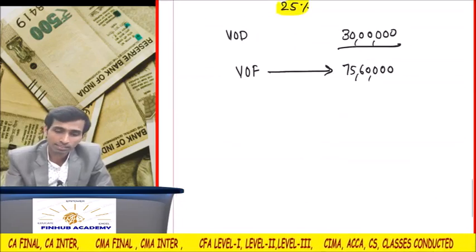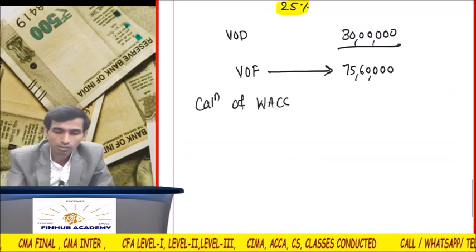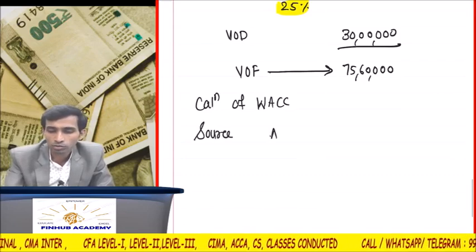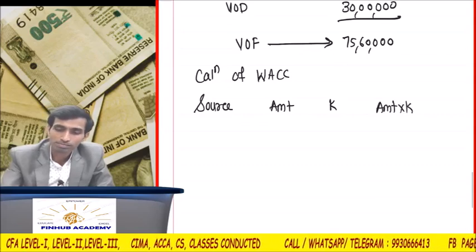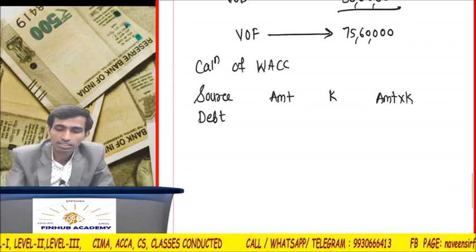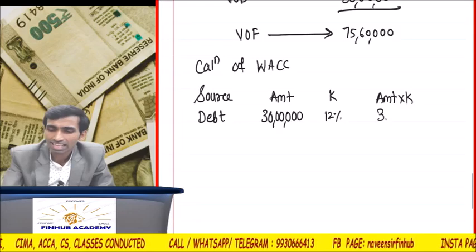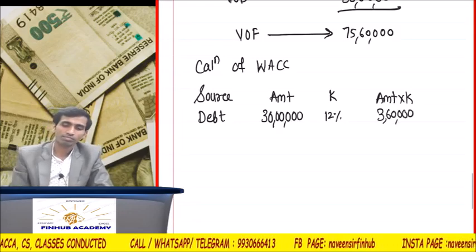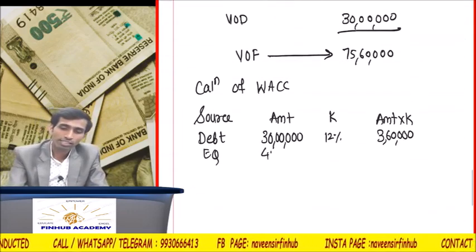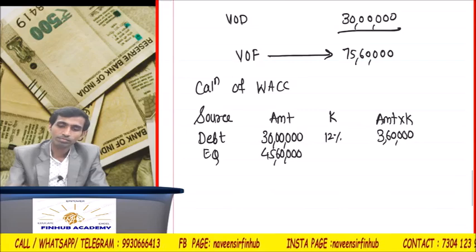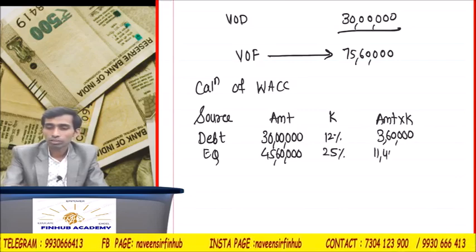I will calculate WACC. Source, amount, cost, amount multiplied by cost. Debt: 30 lakhs into 12% is 3,60,000. Equity is 45 lakh 60,000 at 25%, which is 11 lakh 40,000.